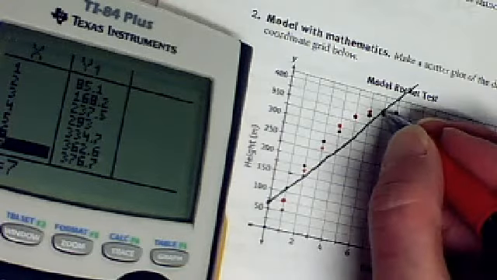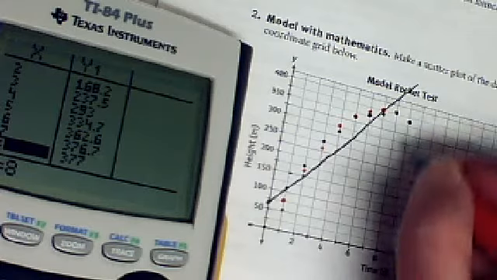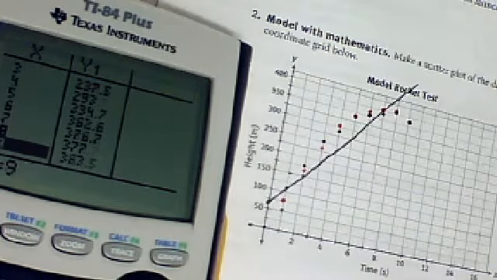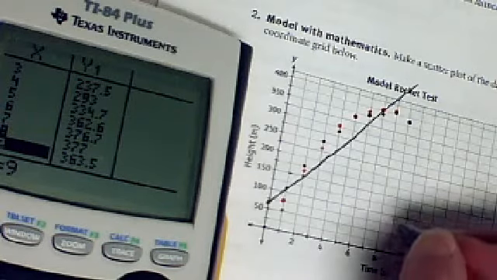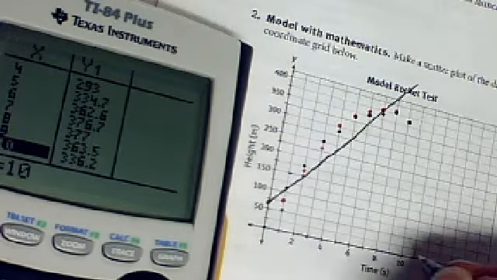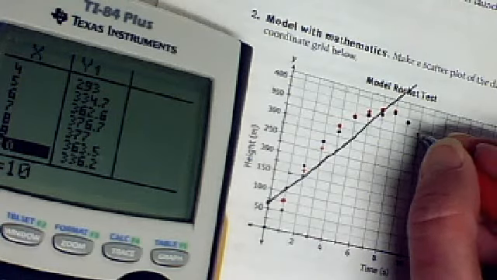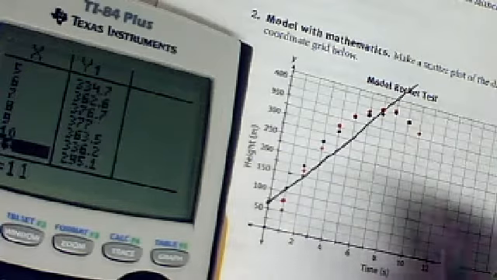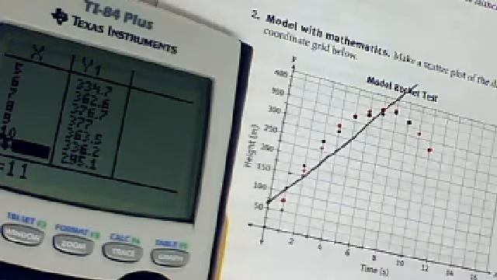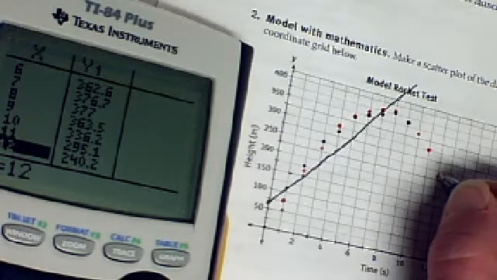7 goes to 370. 8 goes to 377. 9 goes to 363. 10 goes to 336. 11 is 295. 12 is 240.